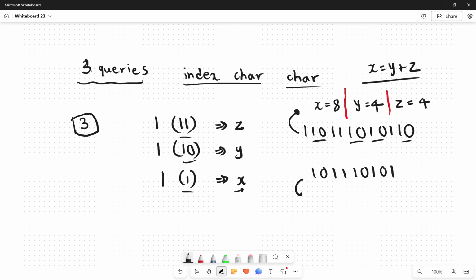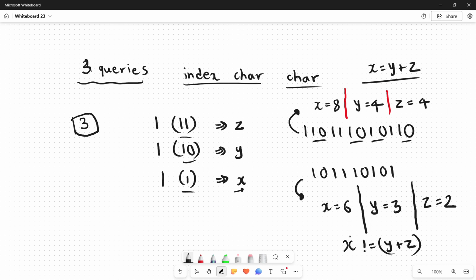What about this other string? Here x is equal to 6, y is equal to 3, and z is equal to 2, and that's it. So here you can see x is not equal to y plus z.